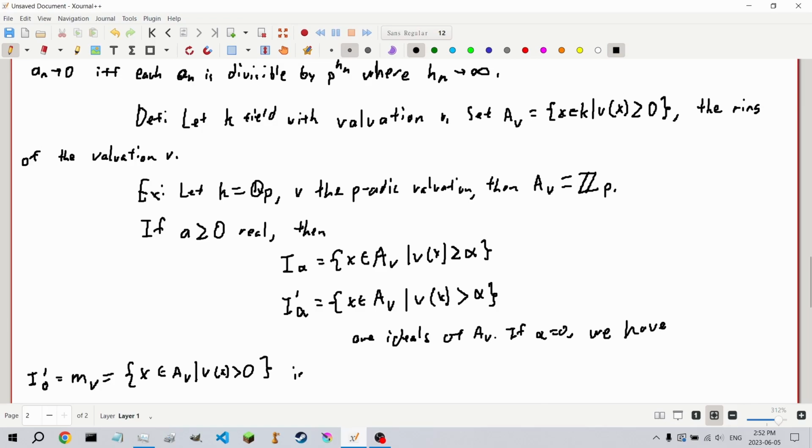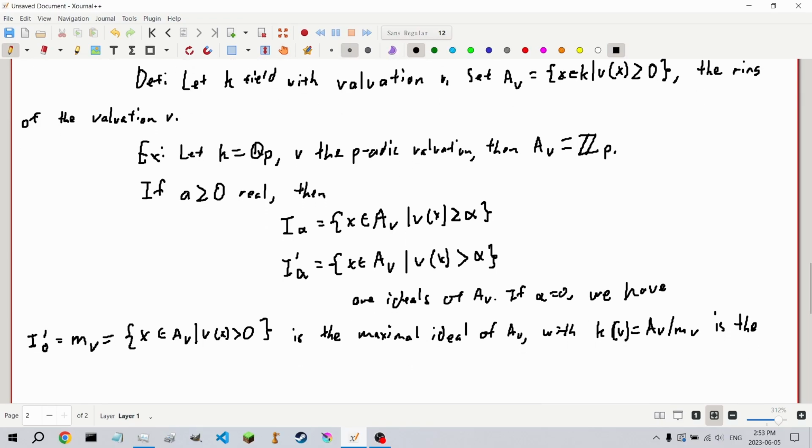This is the maximal ideal of A_V. Then we can build our residue field in the standard way, where we'll write k_V to be A_V over M_V. This is called the residue field of V.